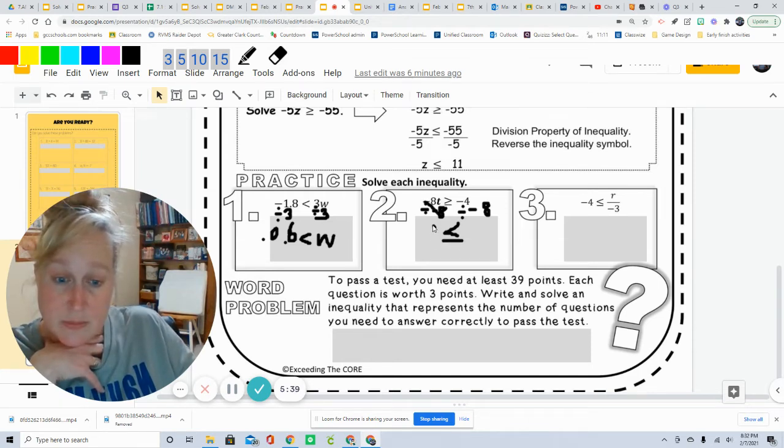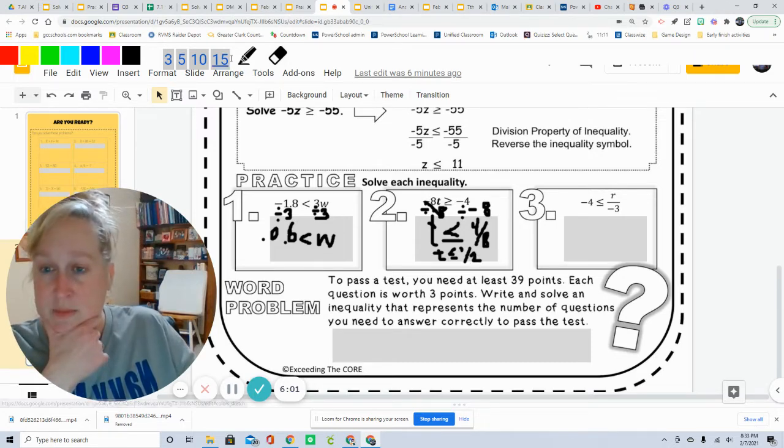So I'm left on this side with T, and a negative divided by a negative is a positive. So this side is left as 4/8, or you will type T is 1/2.